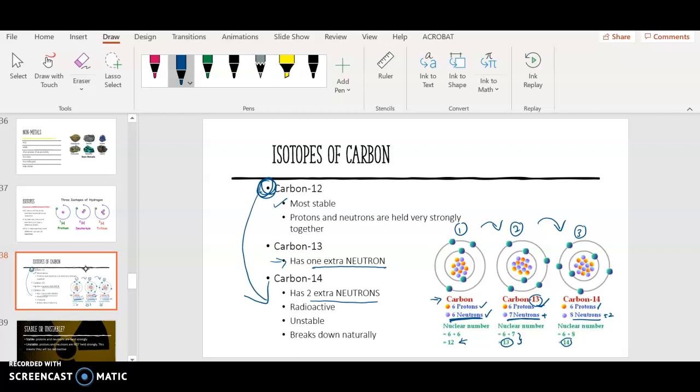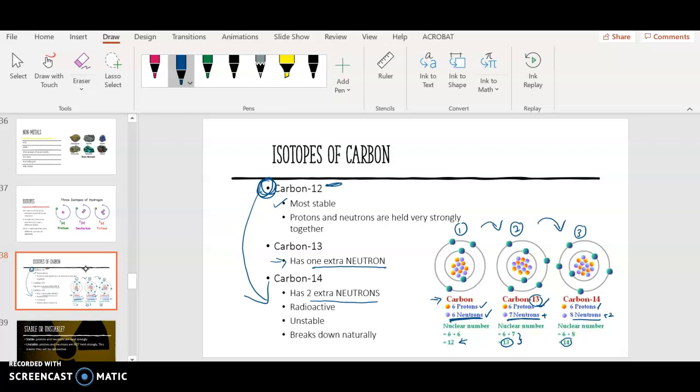It is becoming radioactive and unstable. And what that means is carbon-14 will break down naturally. So the more different you are from the original element, the more radioactive and unstable you are.